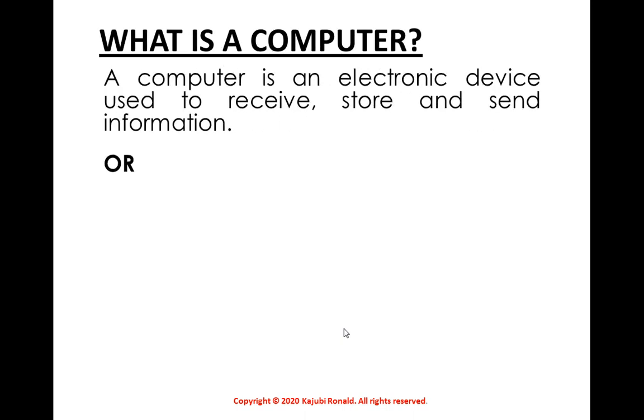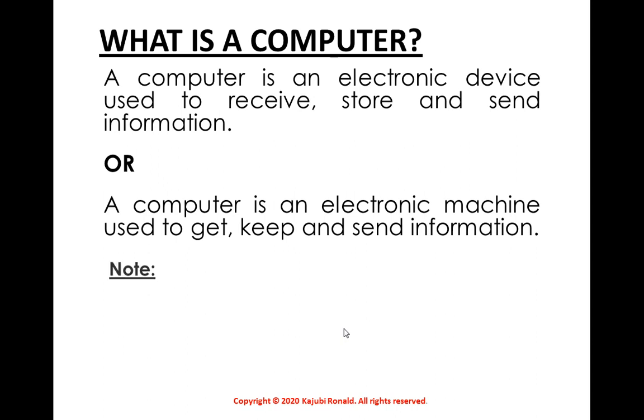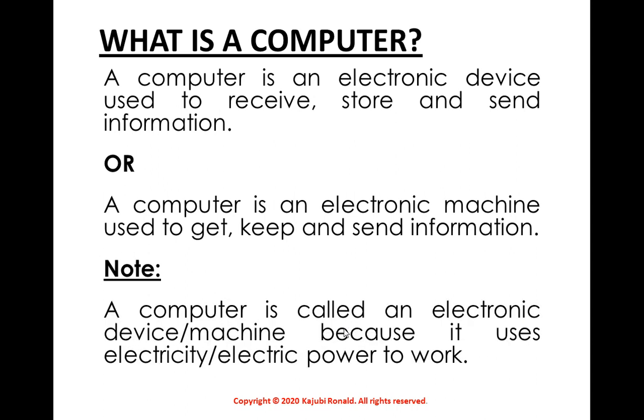Any child that is going to handle computer lesson has got to know what a computer is, and that's why we are beginning by softening the definition of a computer to suit the understanding of a young child. It is very simple. Computer is just an electronic device.